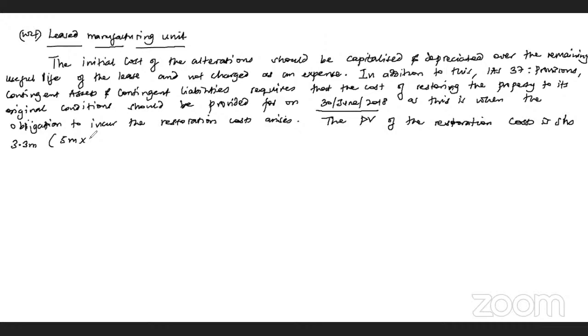So at 6%, year 7, I use year 7, why? Because so far they have used the leased asset, the manufacturing, for 1 year, and this obligation arises on 30th June 2018 when you try to look through the question.